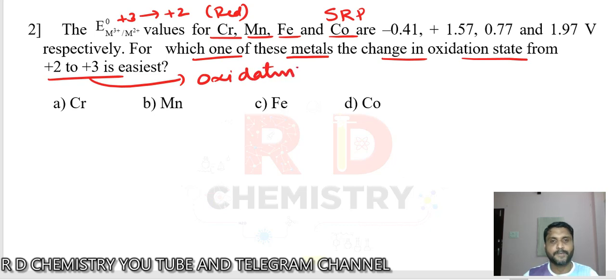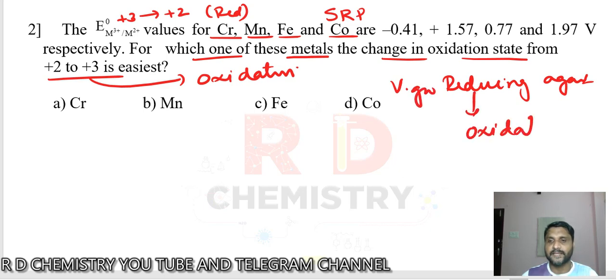Remember, if it is a very good reducing agent, it will undergo oxidation easily. So +2 to +3 will be easier for the metal which is a very good reducing agent.